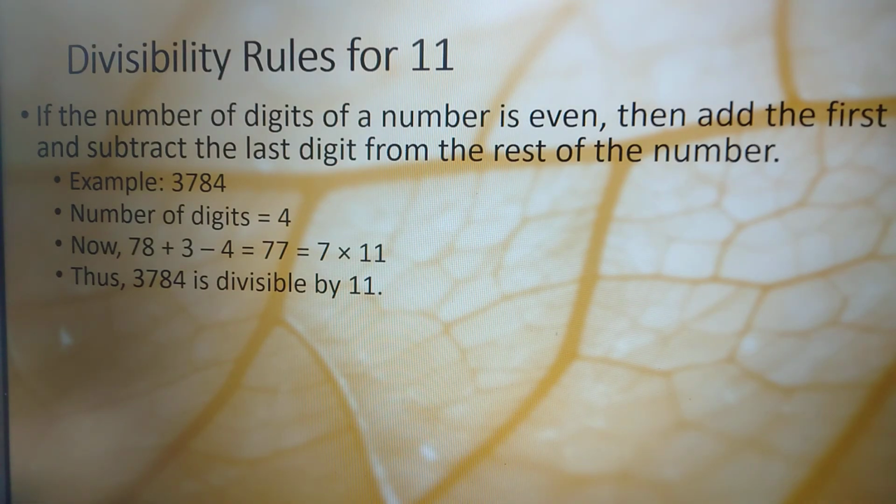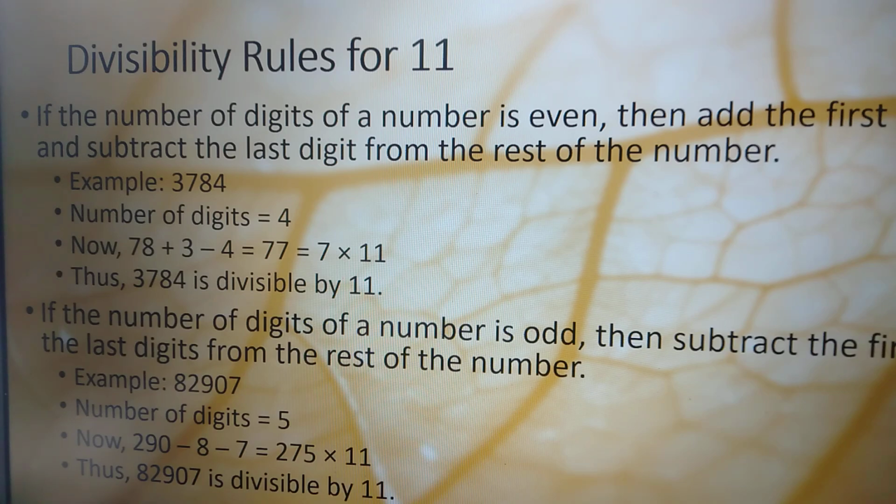If the number of digits of a number is even, then add the first digit and subtract the last digit from the rest of the number. For example, 3,784. The number of digits is 4. So 78 plus 3 minus 4 equals 77, which is 7 times 11, so it is divisible by 11.